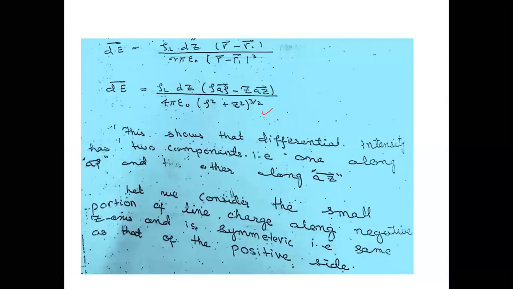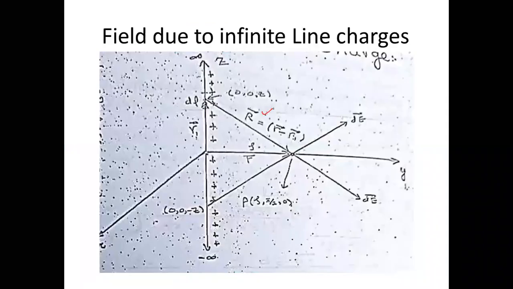Okay, now the charges are distributed along the plus z-axis and minus z-axis. So there is a symmetry of electric field intensity along the plus z and minus z. Therefore we have to ignore the minus z portion, and we will consider the plus z.